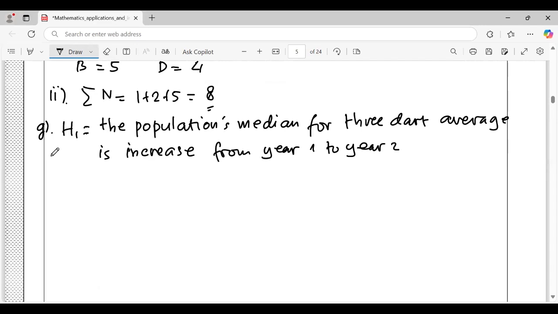Or we can state it like this: the alternative hypothesis is mu d greater than 0. It means the population's median difference between year 1 and year 2 is greater than 0. And this is one.